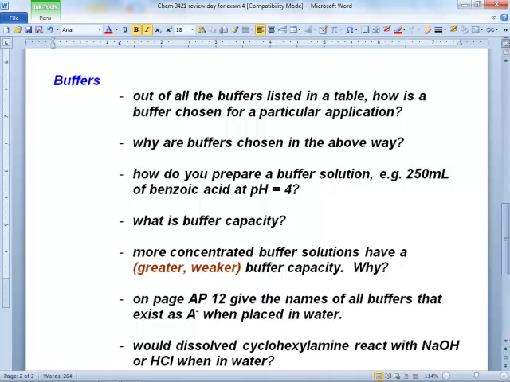Adrian, why is that? Why are buffers chosen in that way? Why?